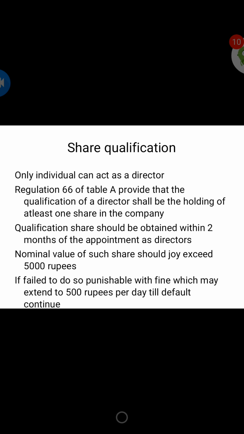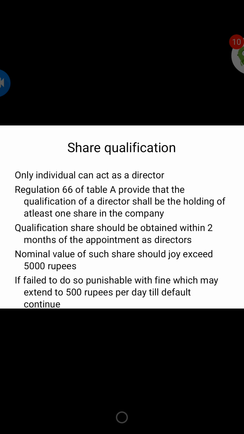So where the articles provide for qualification shares, Section 270 requires that such qualification share should be obtained within how many days? Within 2 months of the appointment of the director.